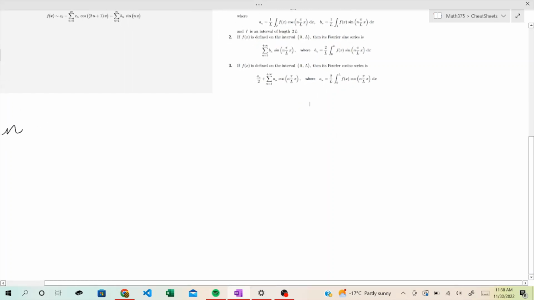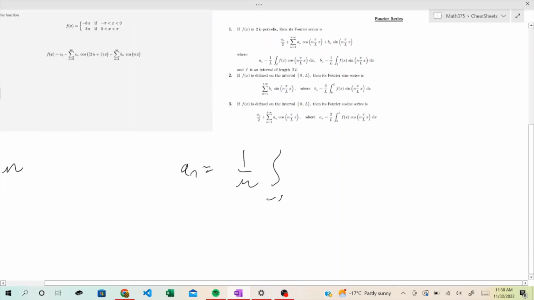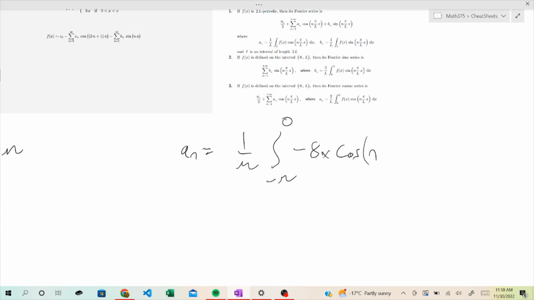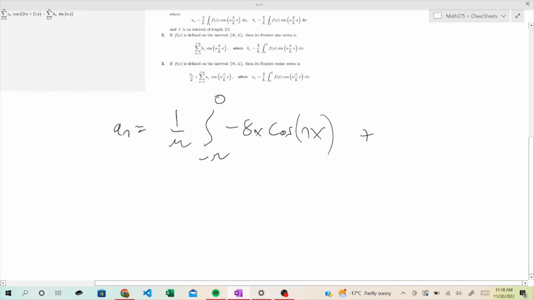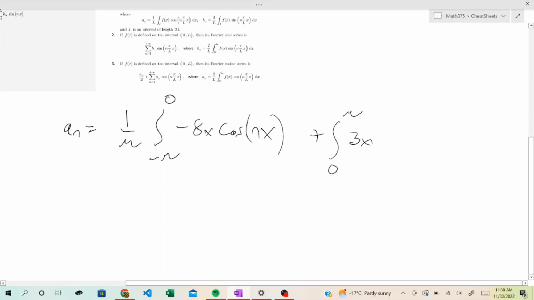So we know that L is pi, so that's going to be 1 over pi, from negative pi to 0 of negative 8x cosine of n pi over L, it's pi over pi, it becomes 1, x, plus 0 to pi of 3x cosine nx.